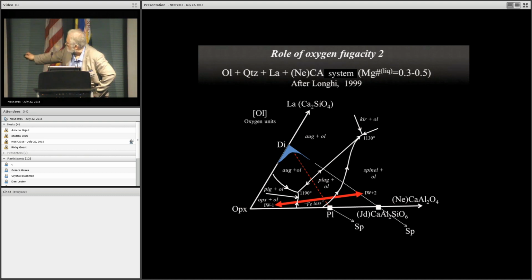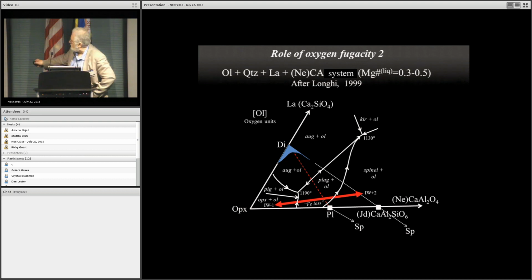The other point I want to make, which is really important: there is a thermal divide within this system in which melts that are on this side of this dashed line crystallize in this direction, melts that are on this side of that thermal boundary crystallize in this direction.